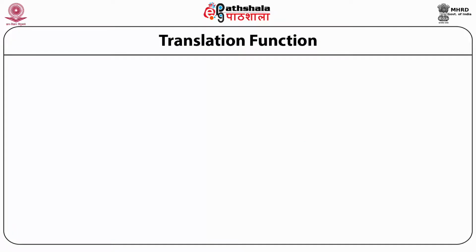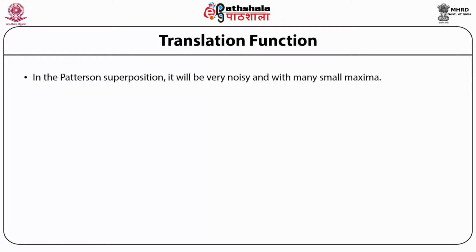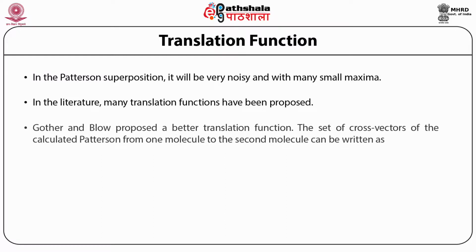During the translation functions, in the Patterson superposition, it will be very noisy and with many small maxima. In the literature, many translation functions have been proposed. Gossler and Blow proposed a better translation function.